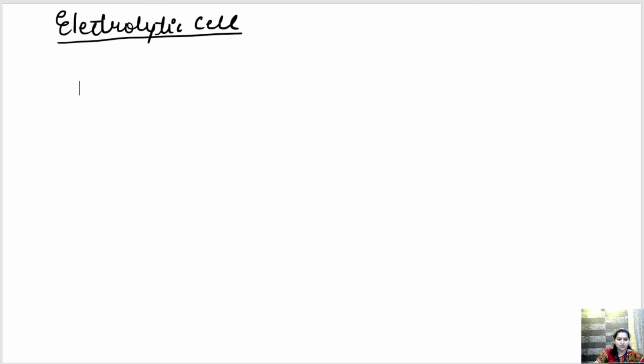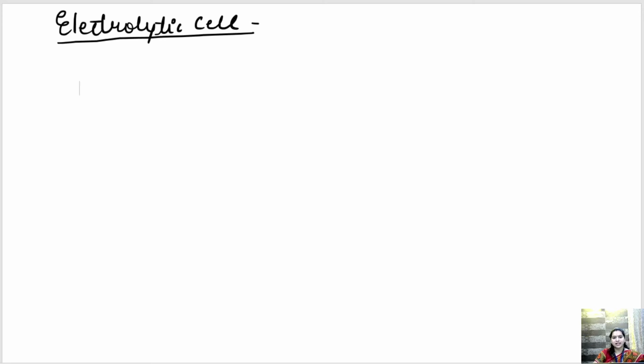The difference between electrolytic and galvanic cell is that in an electrolytic cell, with the help of passing electricity, certain chemical changes take place. That is what we were using in the electroplating of copper.